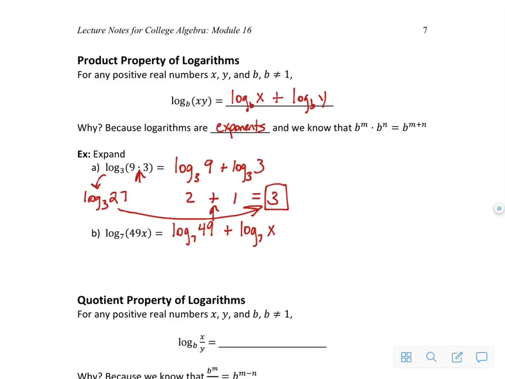So then the log base 7 of 49 here is 7 to what power gives me 49. The answer to that question is 2. So I can rewrite that as 2 plus log base 7 of x. There's nothing else I can do to simplify that, so that is the final expression. So the log of a product becomes the sum of two logs.